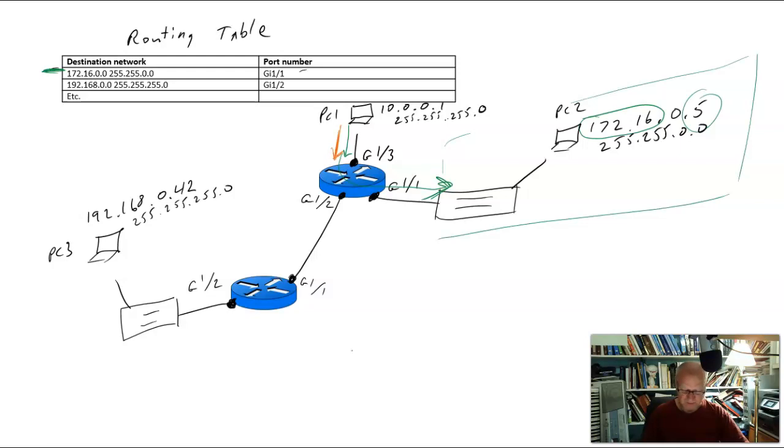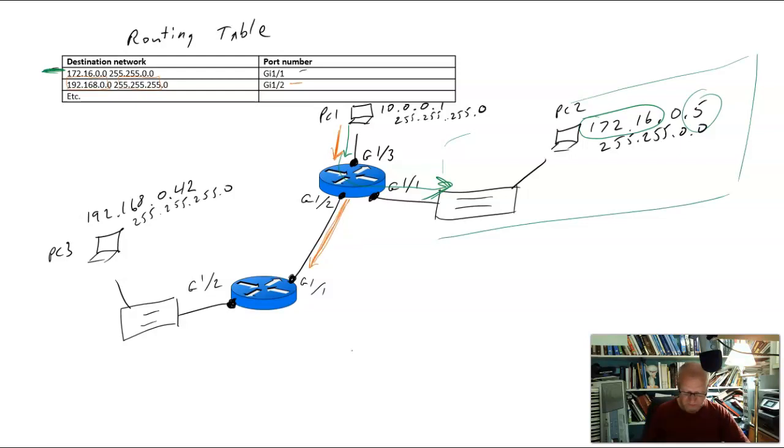This router receives the packet and says, oh, the destination address is a 192.168.0 network. The first three parts of that, because there are three 255s here. And I know how to get to the 192.168.0 network. I would go through G1/2. So it's going to send it out G1/2.